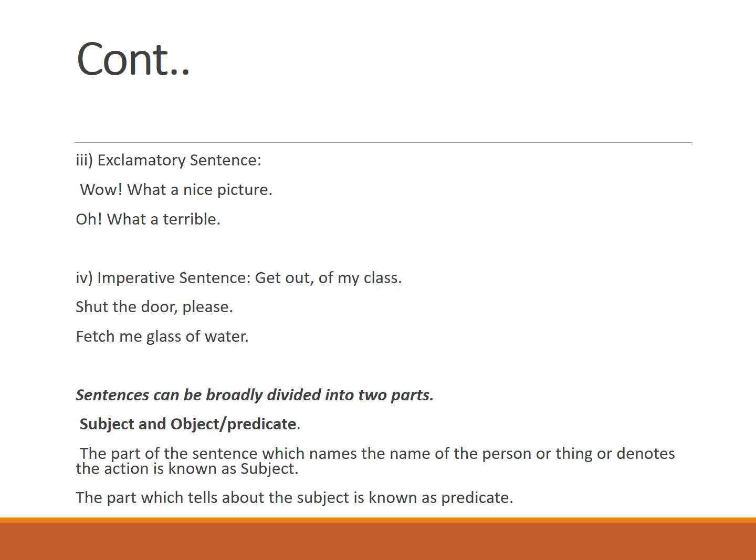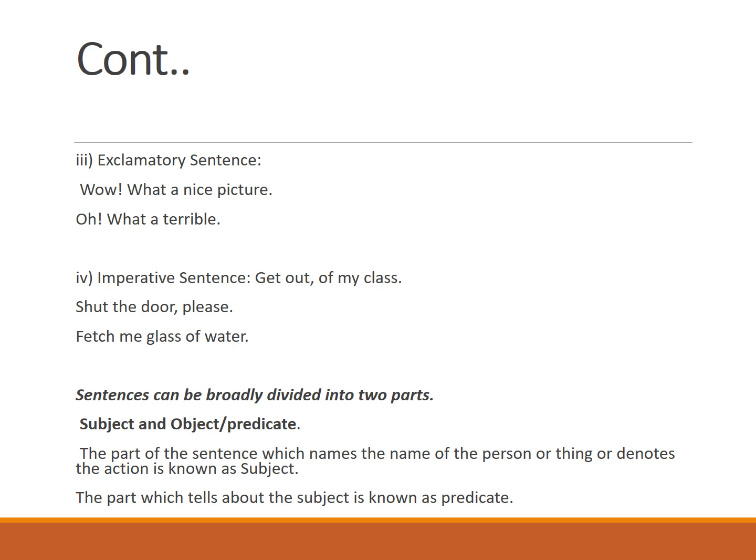Number four, imperative sentence. So you are commanding someone: get out of my class, shut the door please, fetch me a glass of water. So there are a number of examples. This is for your understanding.